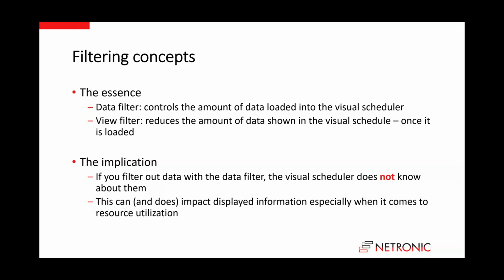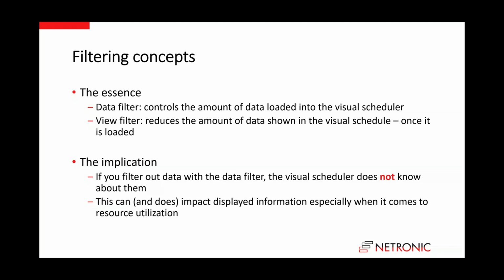So the implication is, if you filter out data with the data filter, then the visual scheduler does not know these data. Okay, so the data filter is applied in the loading phase, and everything that is not loaded into the visual scheduler is not known by the visual scheduler.